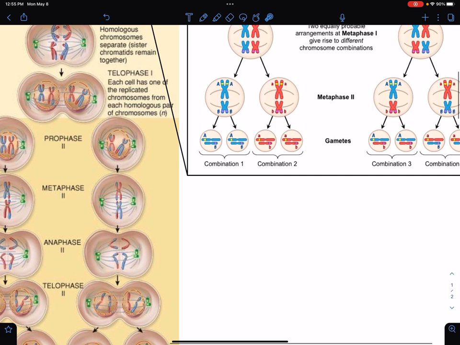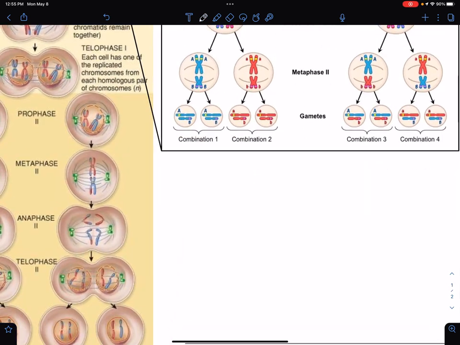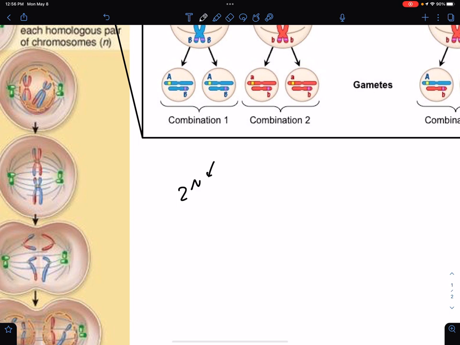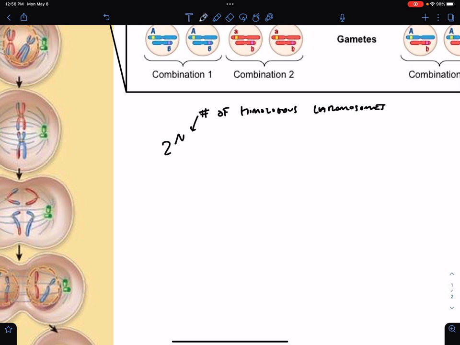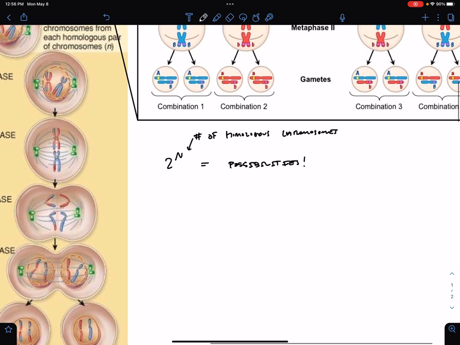But the formula for this is 2 to the n, where n is the number of homologous chromosomes, and this is equal to the total number of possibilities. So if your n is equal to 2, the number of possible different types of gametes you can make is 4.